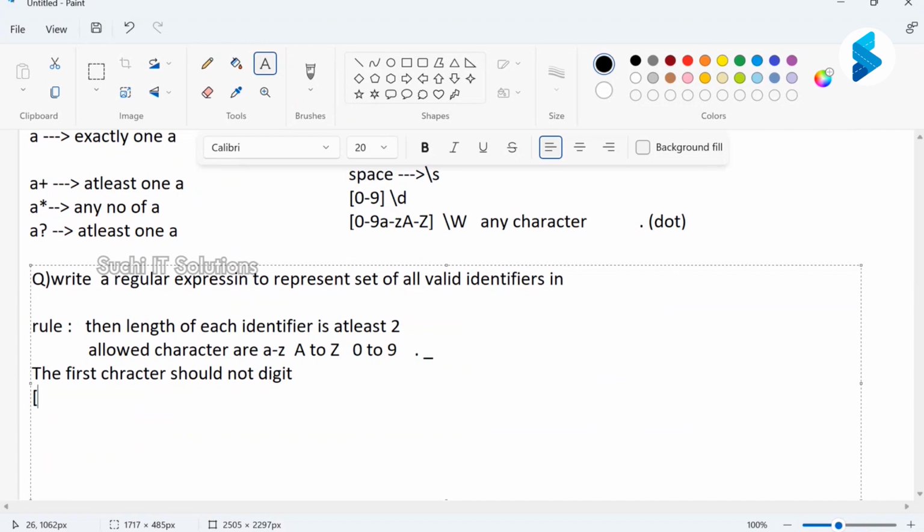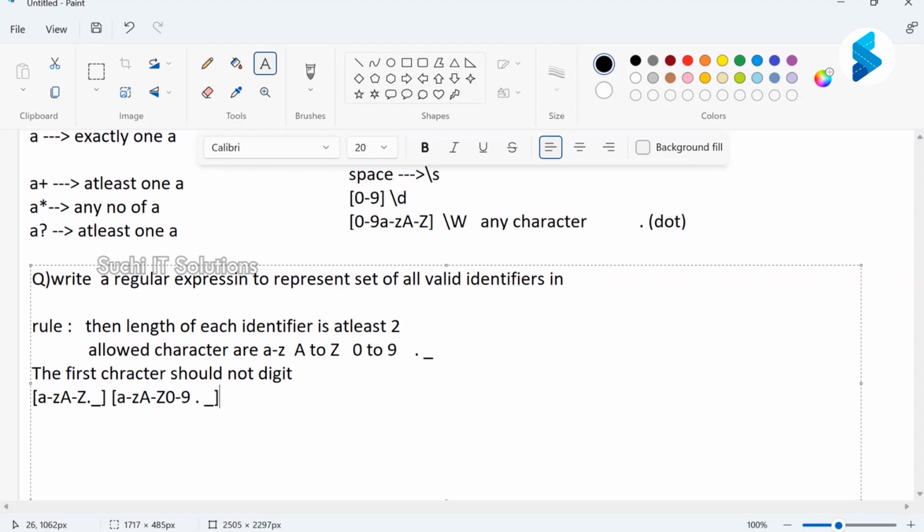Small a to z, then capital A to Z, and dot, and underscore or hyphen, whatever it may be. Then according to your condition, next small a to z, capital A to Z, 0 to 9, and dot.